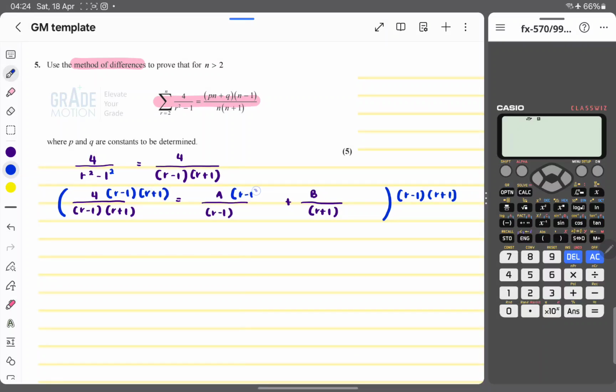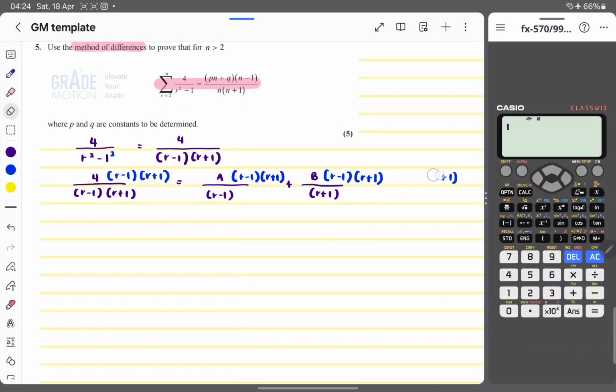Okay, let me erase this part. So why do we choose this? Because we want to eliminate the fraction. There we go. We have 4 equals a(r plus 1) plus b(r minus 1).